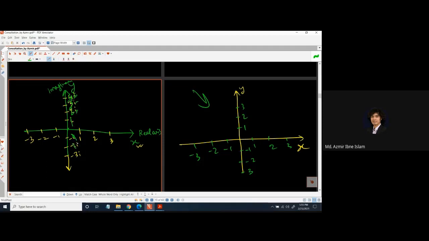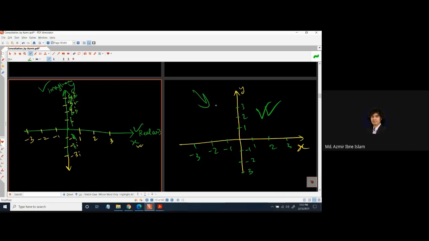That's why in your reference books, you will see this Cartesian coordinate system. But remember, you are learning complex variables, so the y-axis is always acting as the imaginary axis. It doesn't matter whether we write i or not. The thing is, the x-axis is the real axis and the y-axis is the imaginary axis.